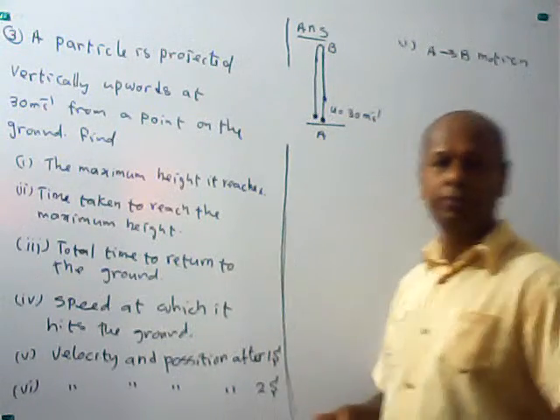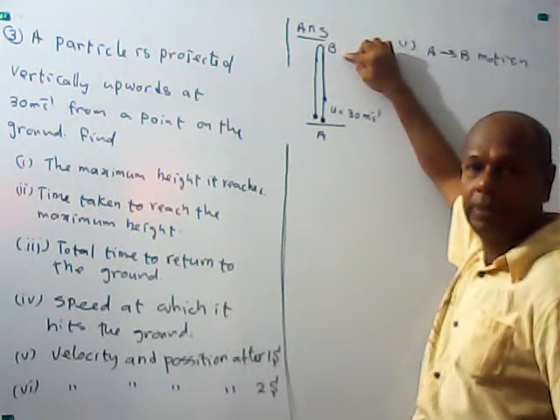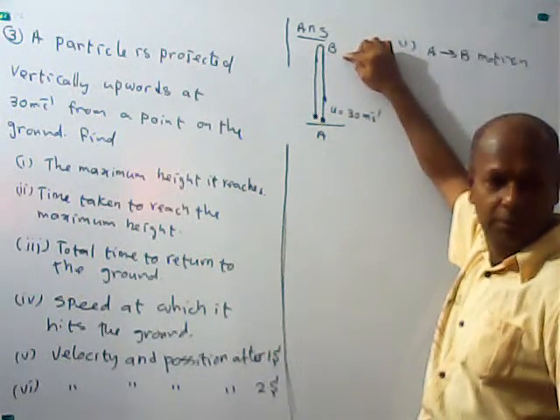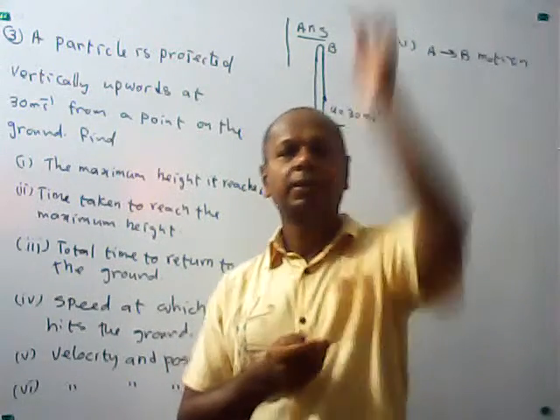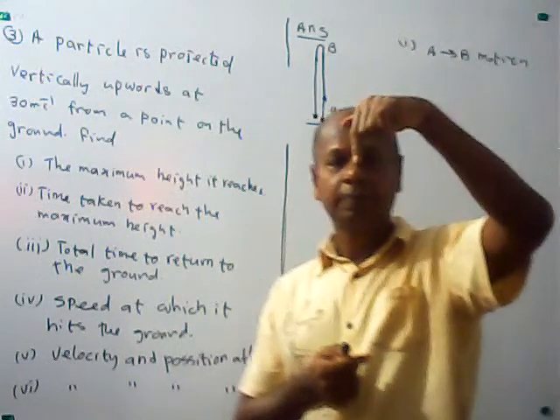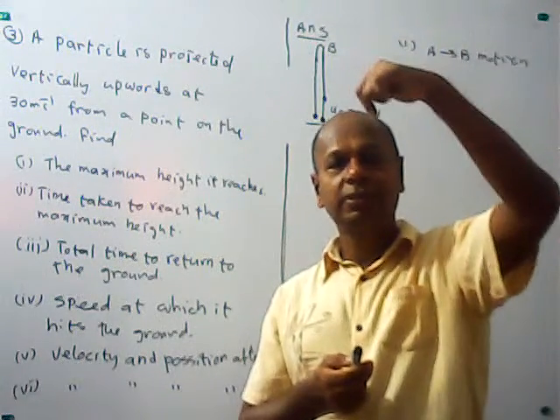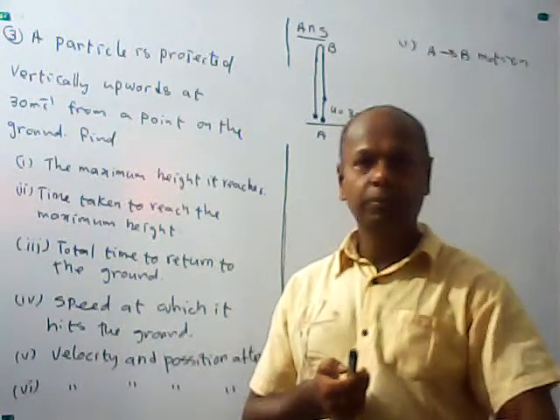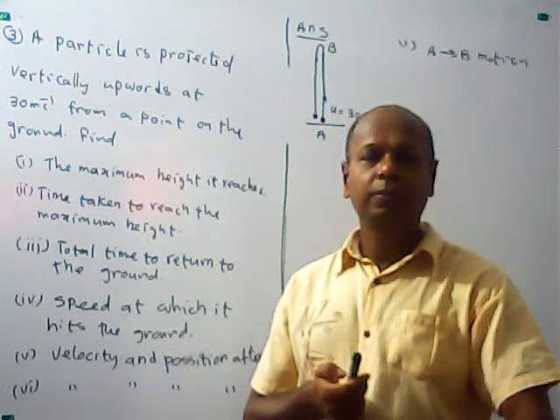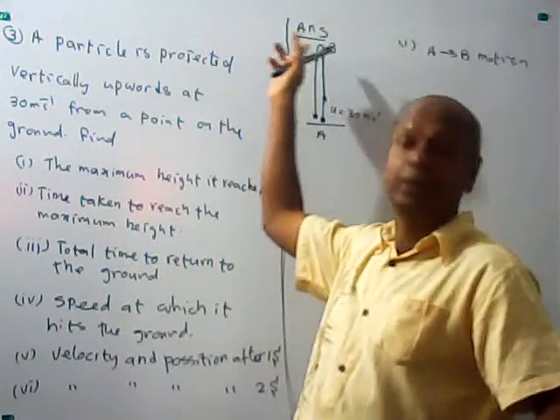What do we use? And what is special at maximum height? Maximum height means the particle turns back at that point. That means its vertical velocity is 0. That's why it doesn't rise anymore, right? So the vertical velocity at that point is 0.